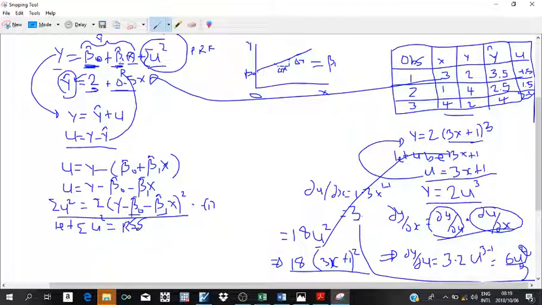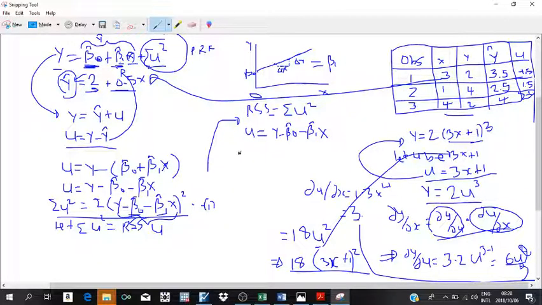Now let's apply the same reasoning here. You imagine in your head that this inside is what we call u. So you can imagine RSS is given by the sum of u squared, where u is equal to y minus beta hat naught minus beta hat 1 x.